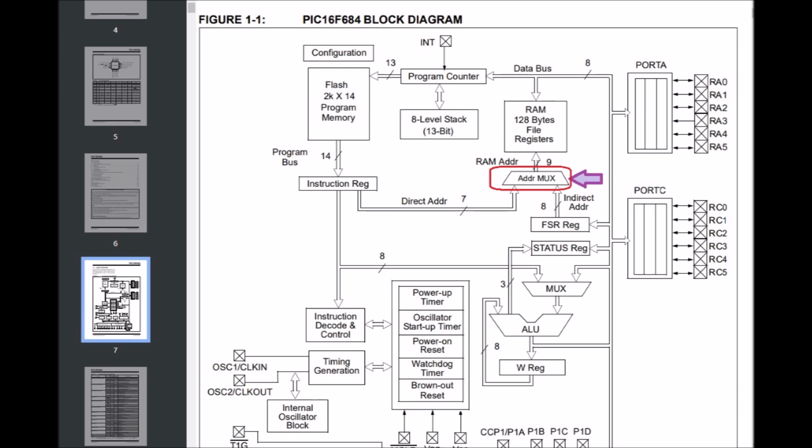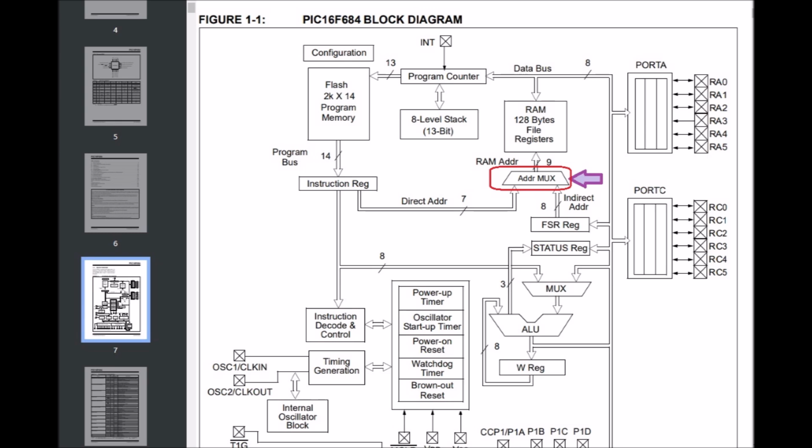By using an address multiplexer, the microcontroller efficiently manages the flow of instruction addresses, ensuring that the correct instruction is fetched at the right time. This is crucial for the microcontroller's operation, particularly in handling sequential execution, branching, and interrupts.